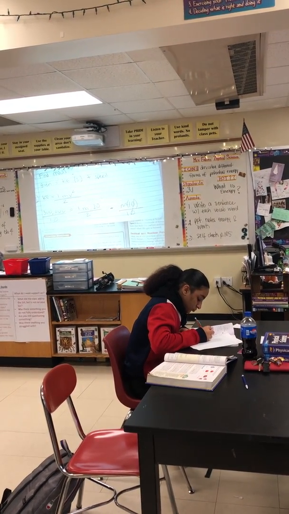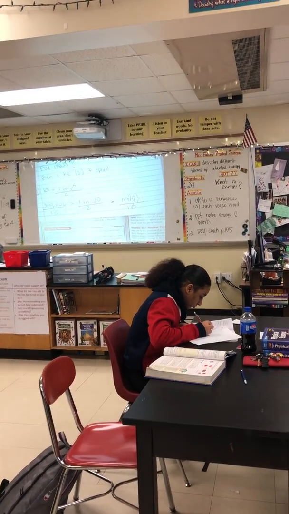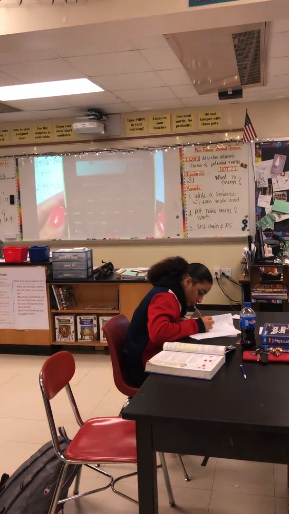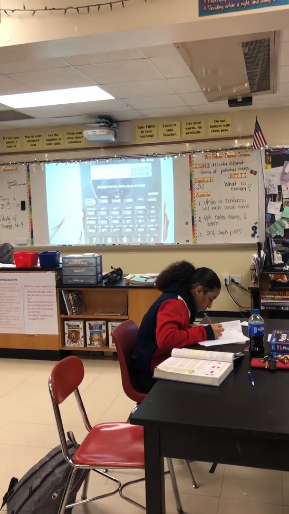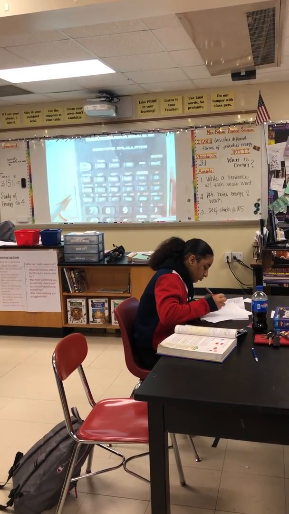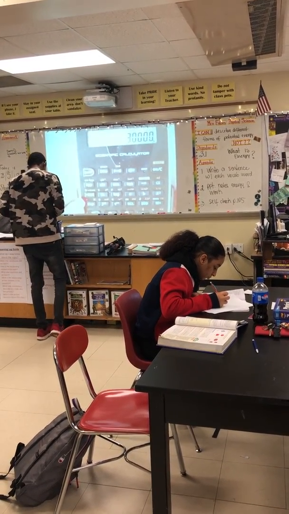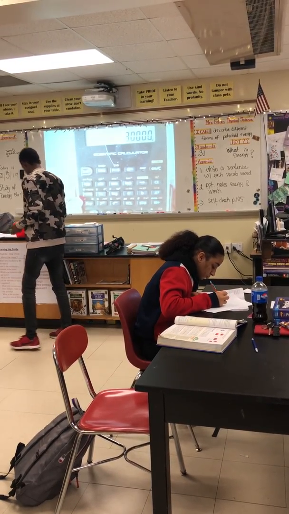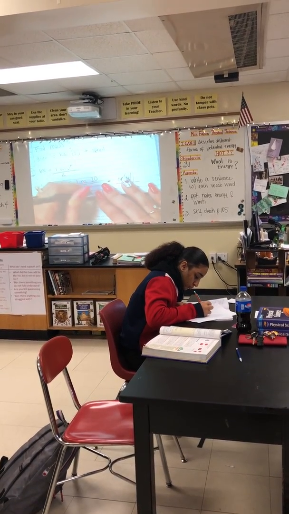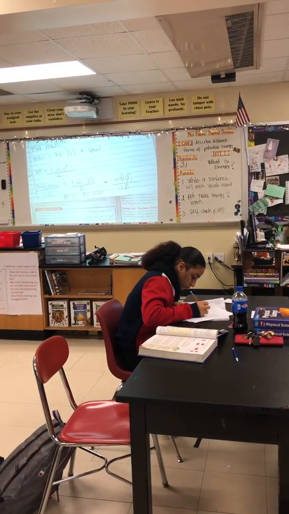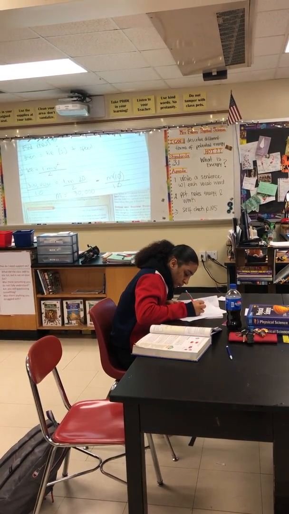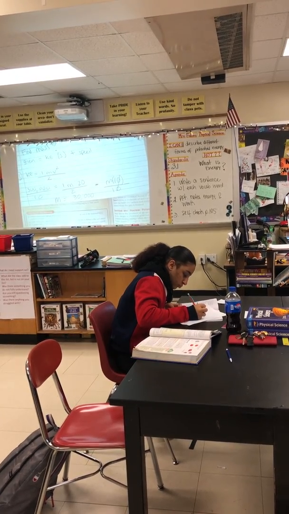What is it? 300,000 divided by 10 gives me 30,000. So M equals 30,000. What's my unit? I'm looking for mass. Good.